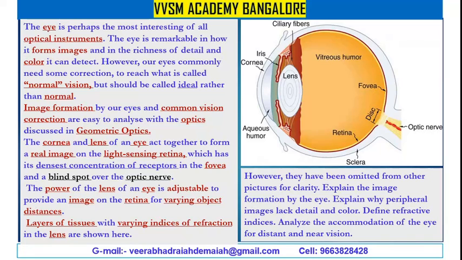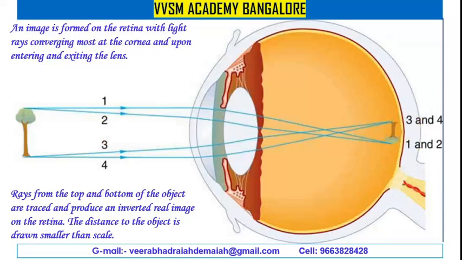A brief introduction, coming to the eye for a distant object. An image is formed on the retina with the light rays converging most at the cornea and upon entering and exiting the lens. The rays from the top and bottom of the object are traced and produce an inverted real image on the retina. The distance to the object is drawn smaller than scale.